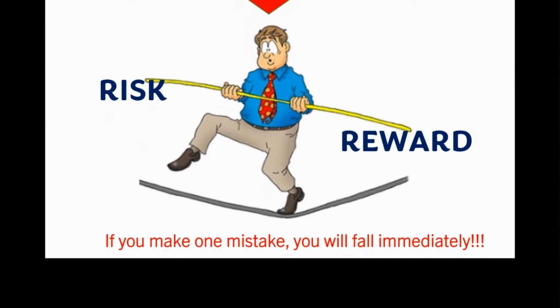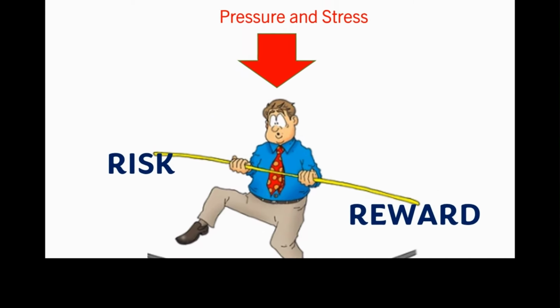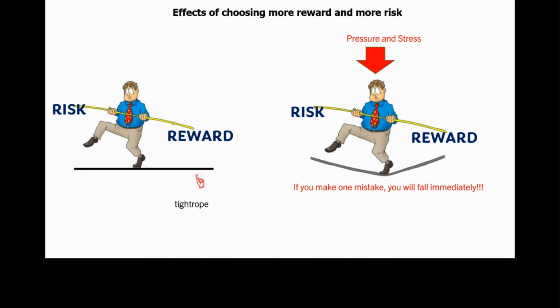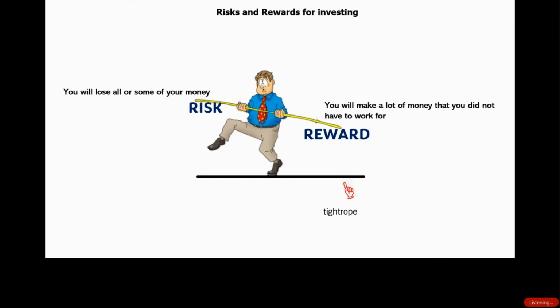And the result is that the person has more pressure and more stress, and you can see how his tightrope is arching and bending there. And if he makes one little mistake as he is walking, it's going to be a total collapse of his investment. So keep that in mind as you assess your risk versus reward.